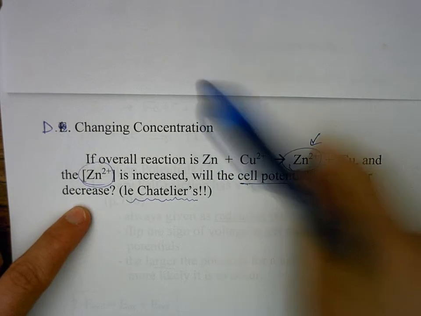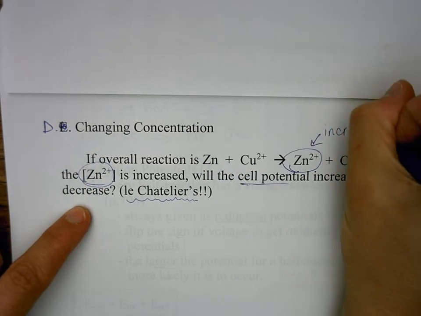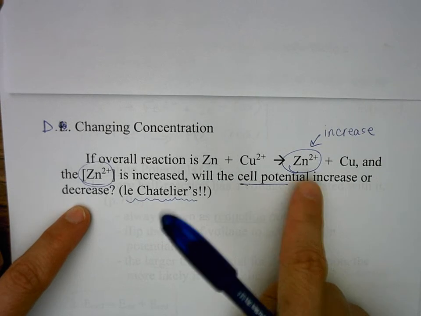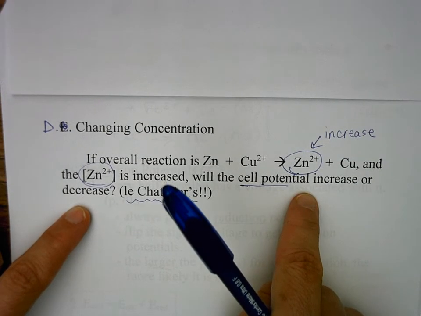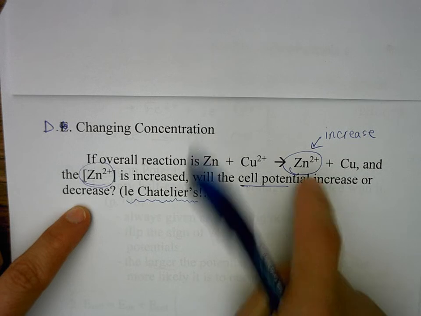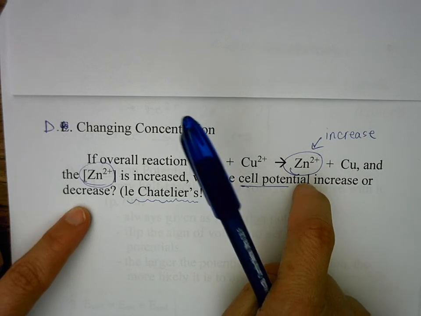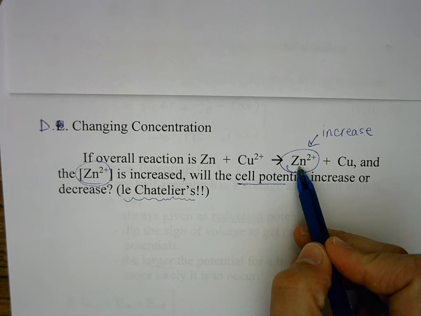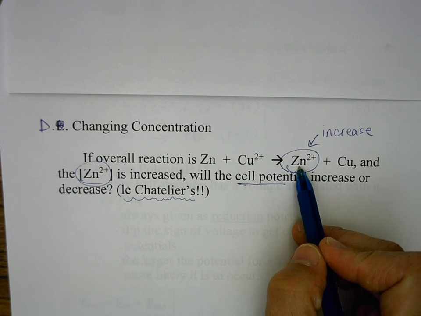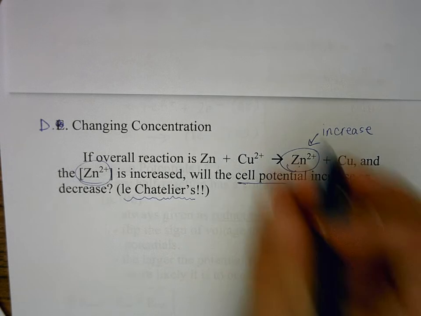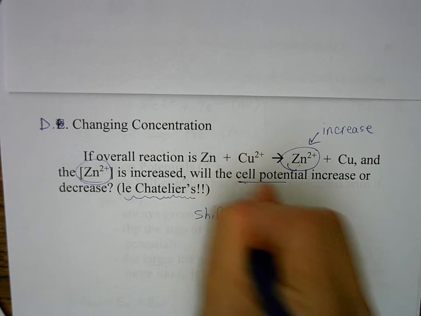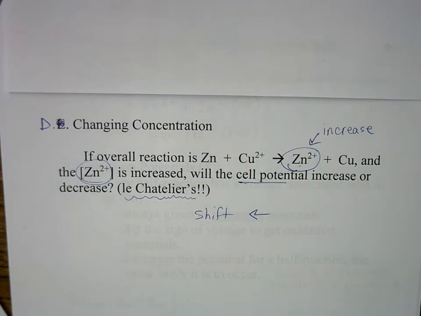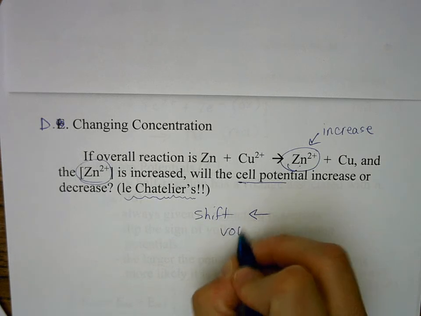If I increase my concentration of zinc ions, zinc is over on the product side of the reaction. So putting more of that there kind of stops the forward reaction from happening. The forward reaction produces positive voltage. So if I put something over here that stops the forward reaction from happening, it would shift it to the left. And so the voltage would decrease.